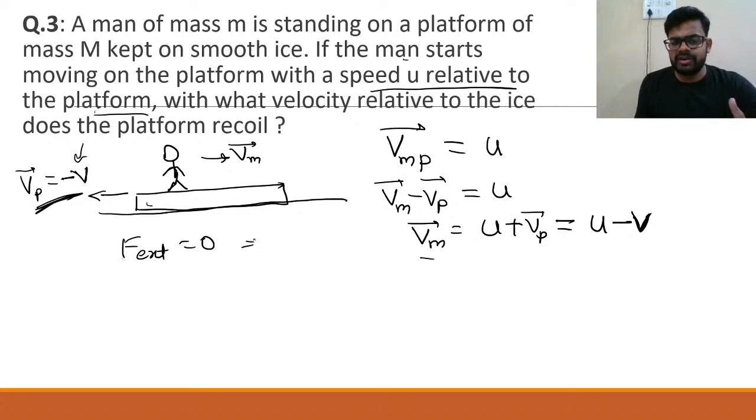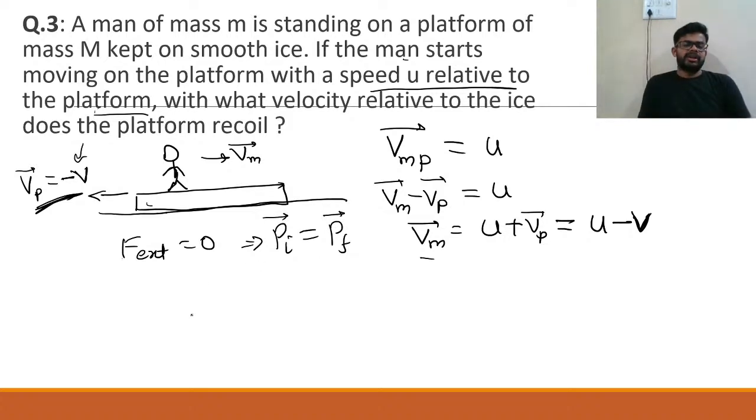So momentum remains conserved: initial momentum will be equal to final momentum. It is given that the man is standing on a platform, so initially all are at rest, and the initial momentum is zero.